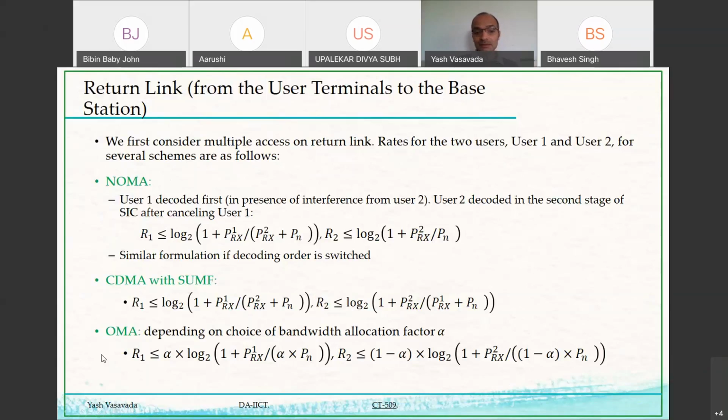Remember, Sir, suppose CDMA is having this knowledge of R1 and R2 at the transmitter, and it uses a good enough channel code, it can work much better than NOMA, right?